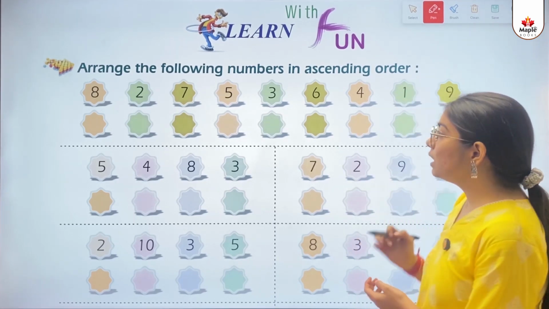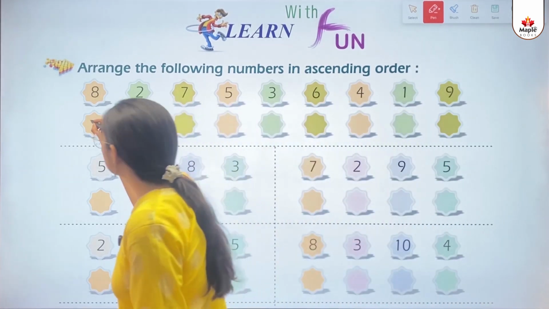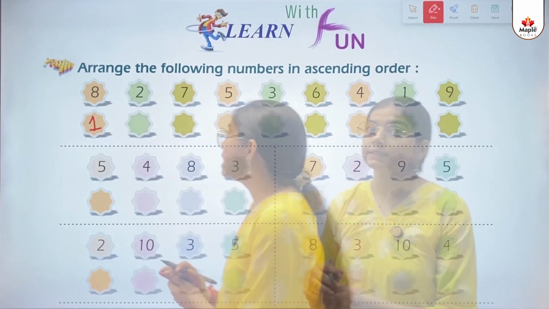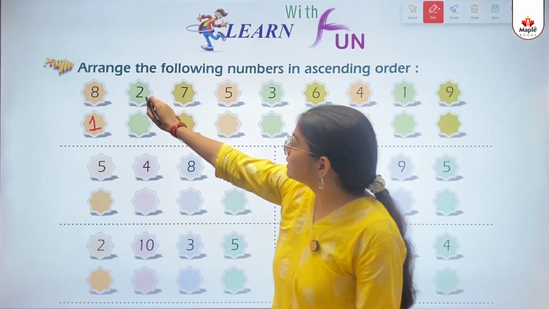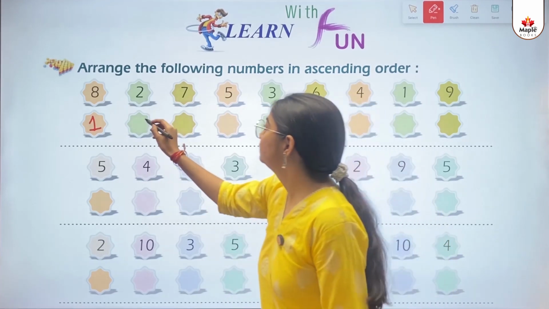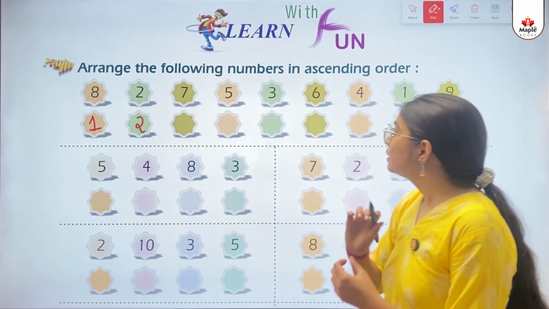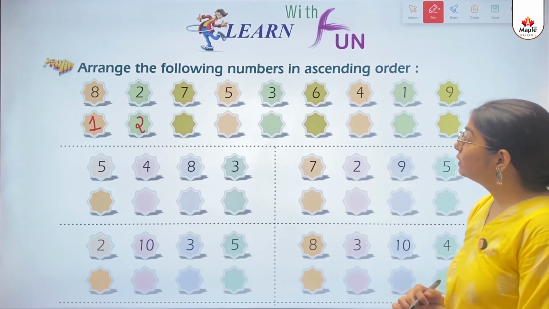1 is the smallest one. So we will write here 1. Then after 1, which number is the smallest one? 2 is the smallest one. So afterwards, what do we write? 2. Then after 2, which one is the greater one?